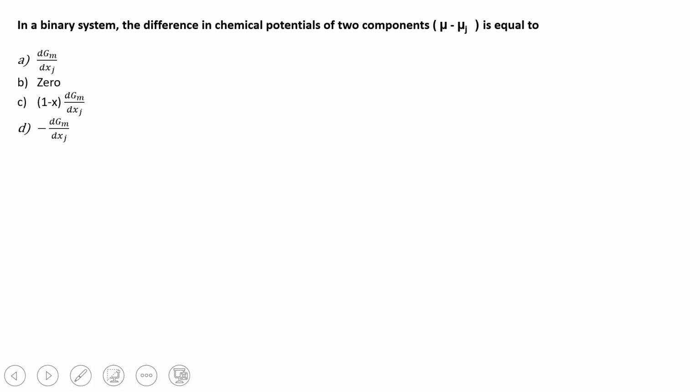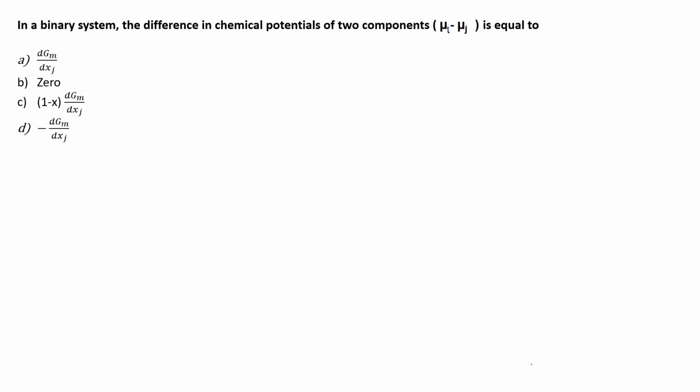In a binary system, the difference in chemical potential of the two components, mu I minus mu j, is equal to what? Let the components be I and j.